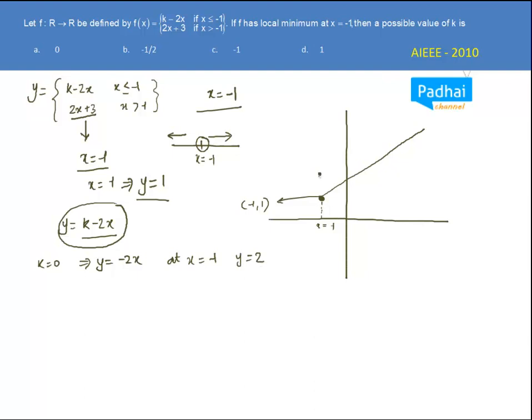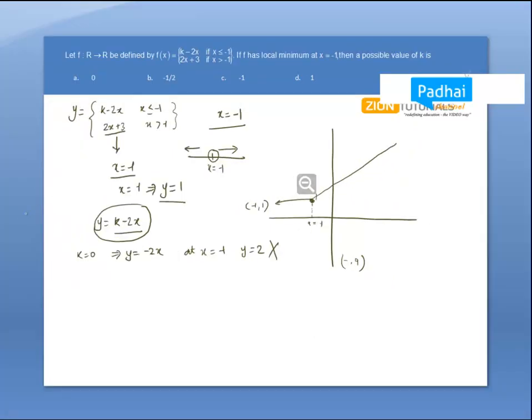So it cannot be local minima because just to the right of it, let's say at x equal to minus 0.9, the value will be something here, which is still smaller than this value, so it cannot be a local minima. So this is rejected, and option A is not correct. Let me erase this thing out now. Alright, now let us take the other value.